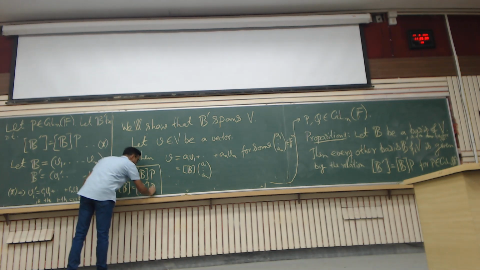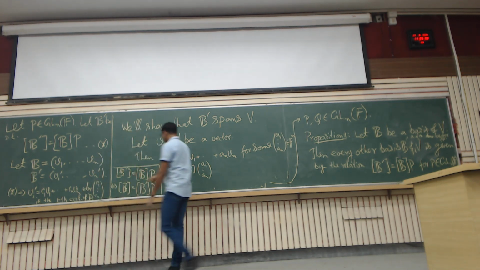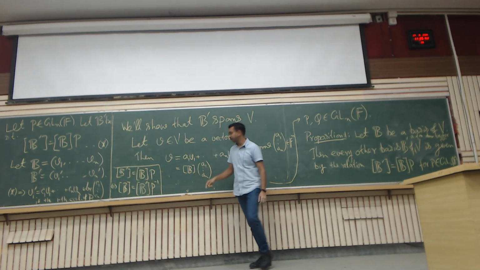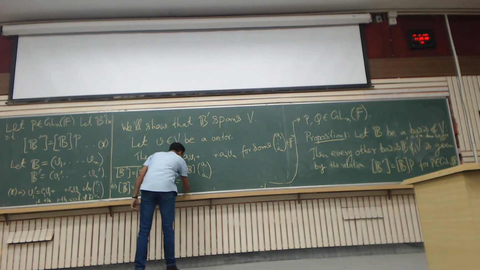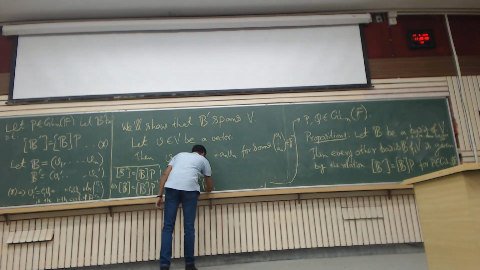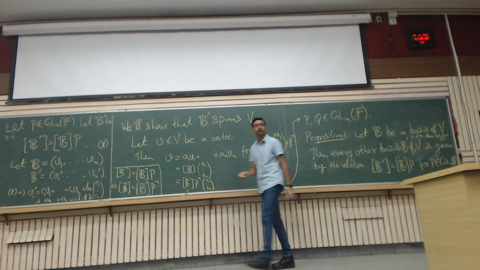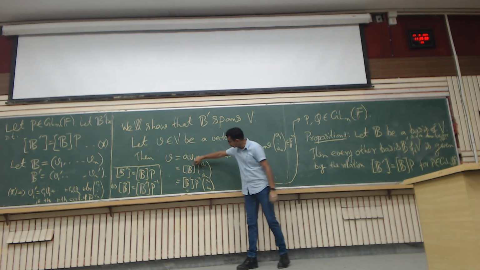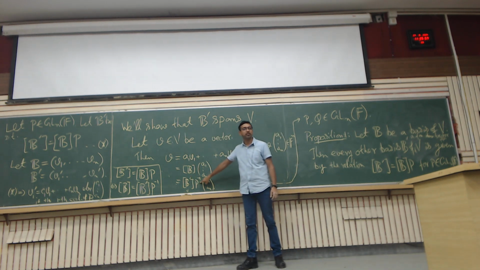So we will just plug it in here instead of B: B dash, and the same vector goes here, and this B is replaced with B dash P inverse. Is this fine for all?